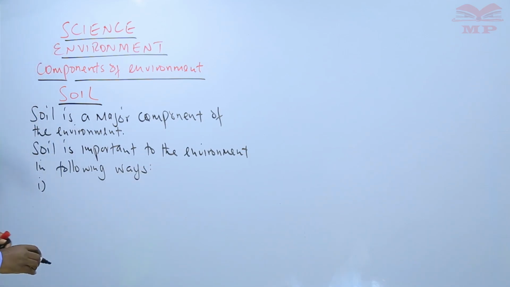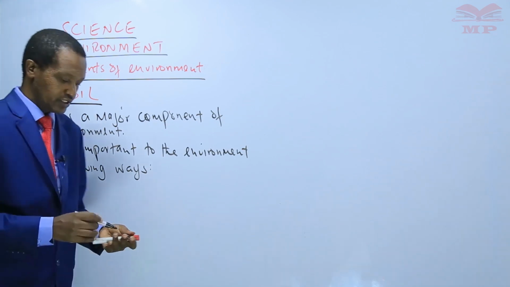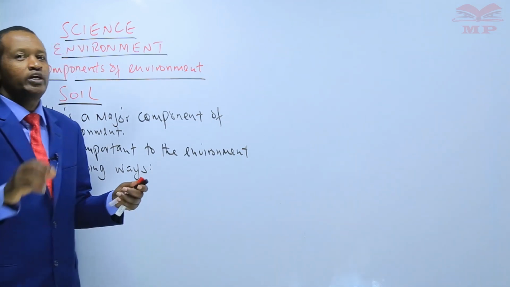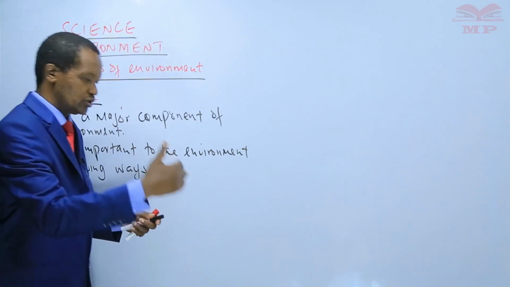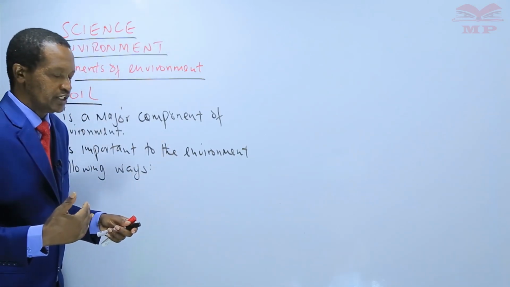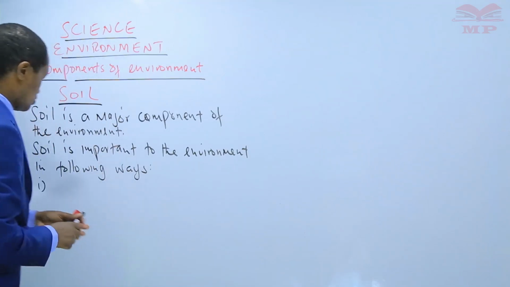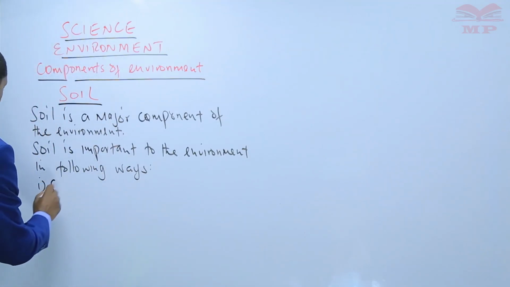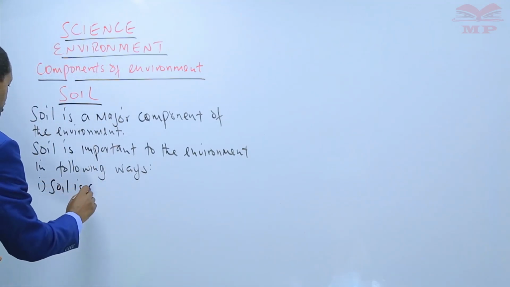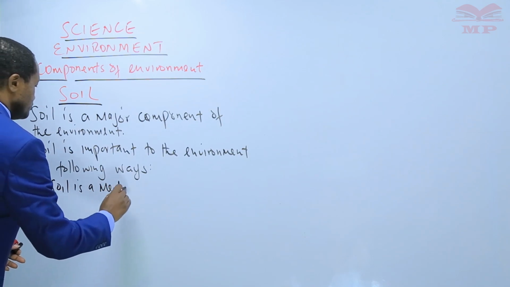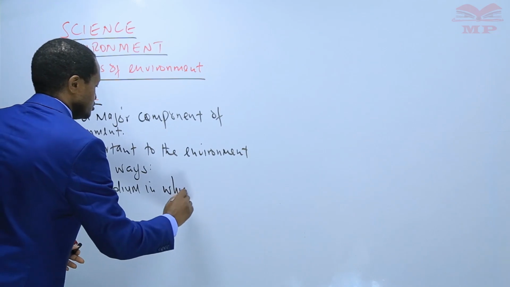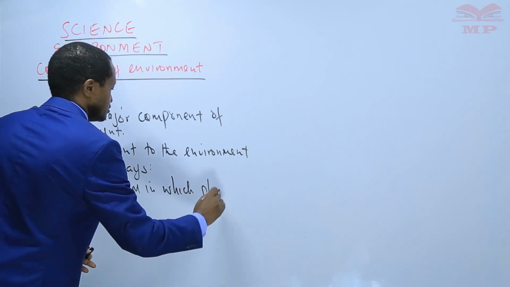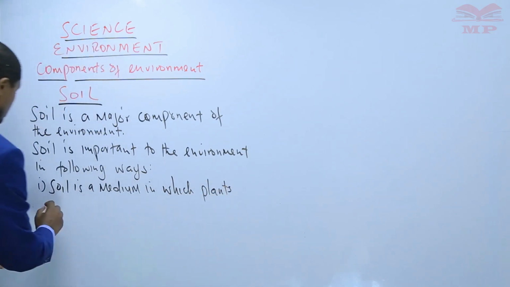Number one is that soil is a medium in which plants grow.